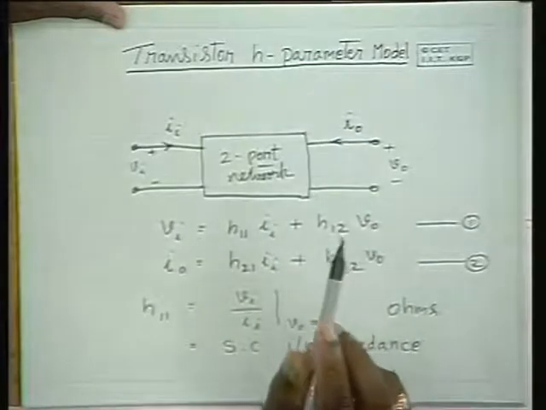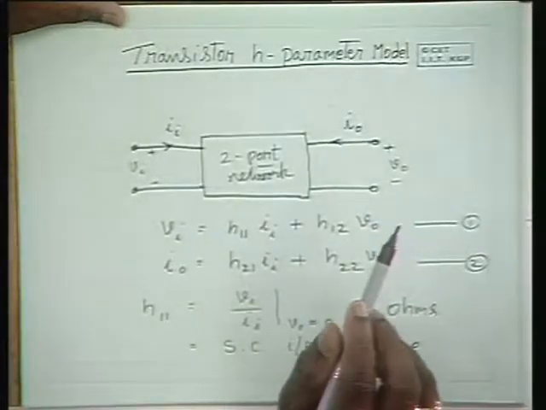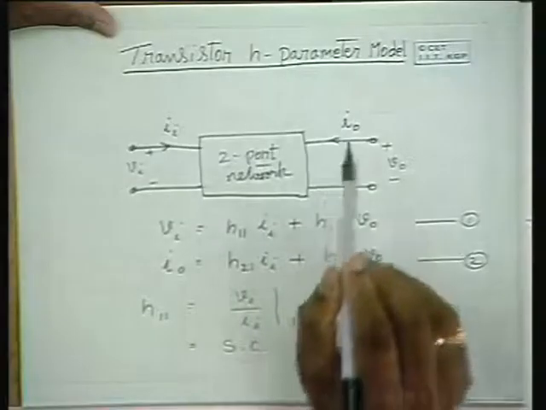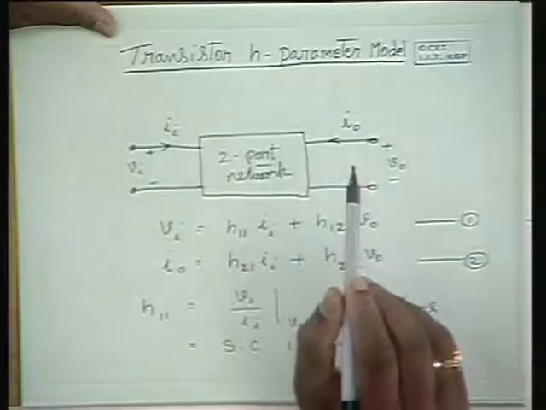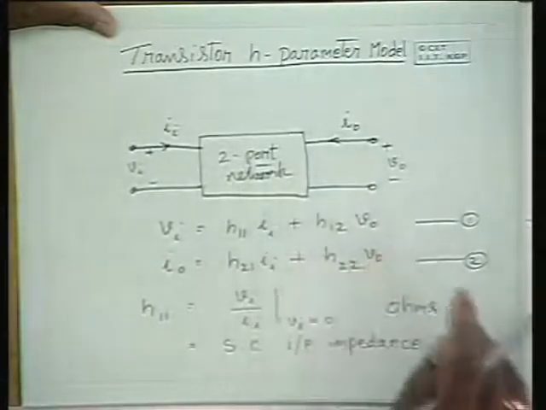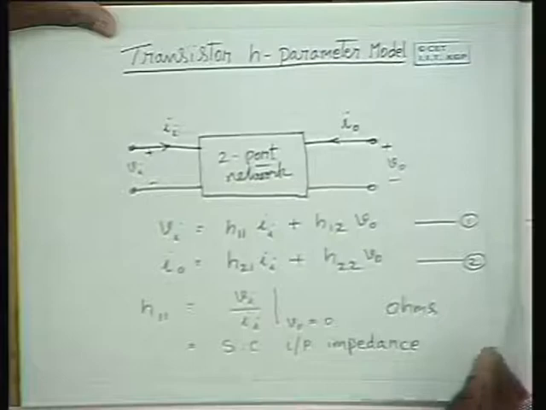But please note that the current gain is applicable only in the context of an amplifier. If it is any general two-port network, it does not give you any amplification as such. So it is only a current ratio, output to input current ratio. Therefore, this term H21 is going to be the short circuit forward current transfer ratio.